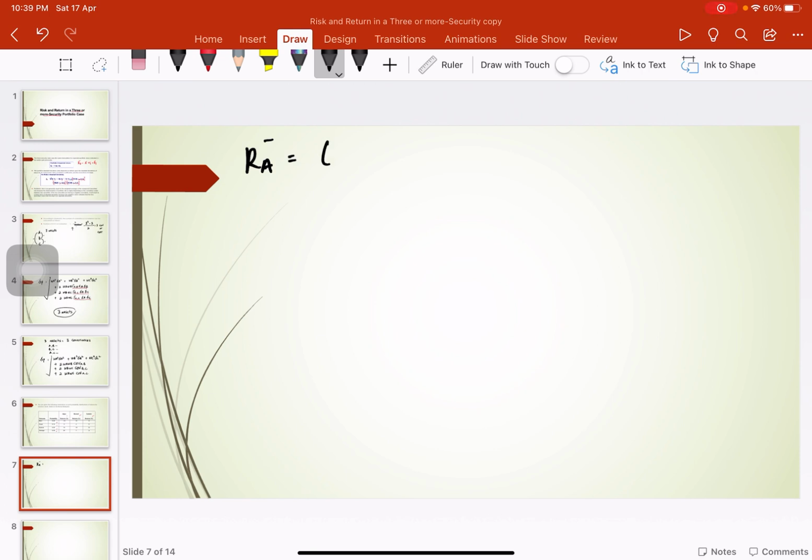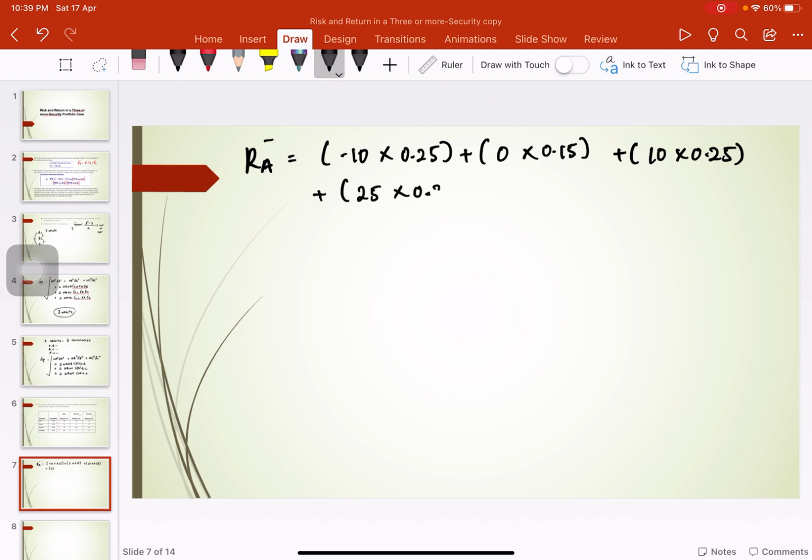The first return is negative 10 times 0.25, the probability, plus 0 times 0.15, plus 10 times 0.25, and then plus 25 times 0.35.